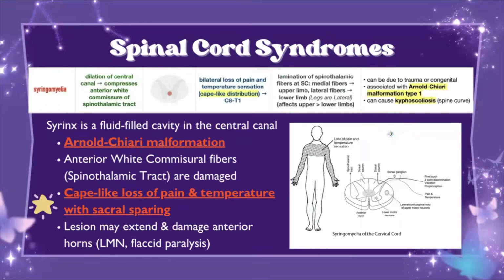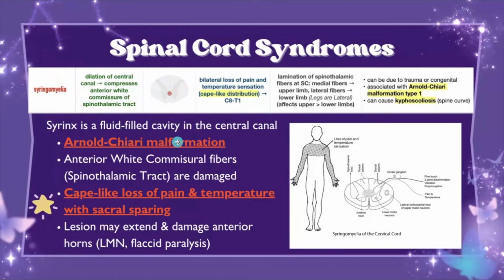Now, we are going to be talking about syringomyelia. Now, syringomyelia, from the name, syrinx is a fluid-filled cavity in the central canal. And in this specific syndrome, there is a dilation of the central canal that happens with Arnold-Chiari malformation. I don't know how to pronounce it properly.